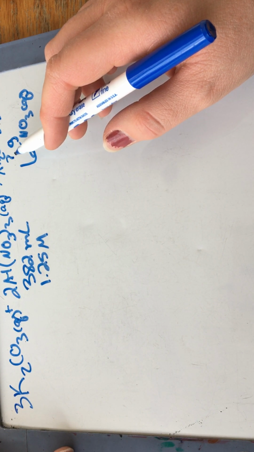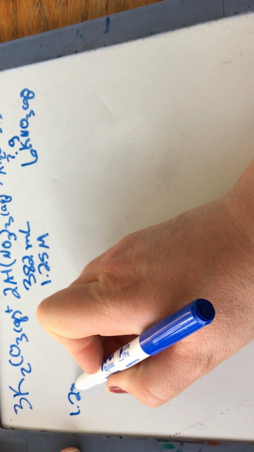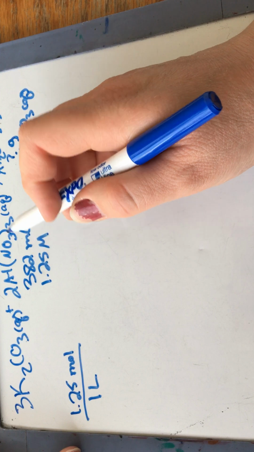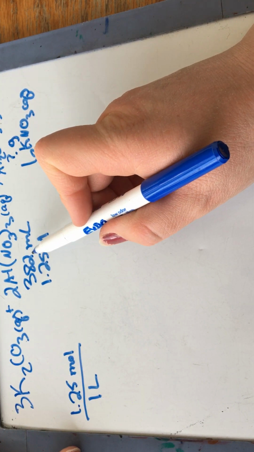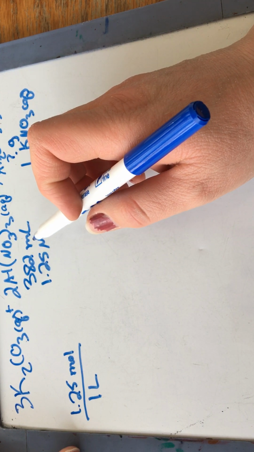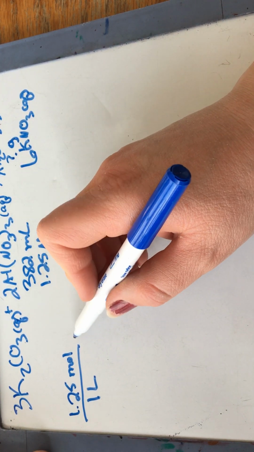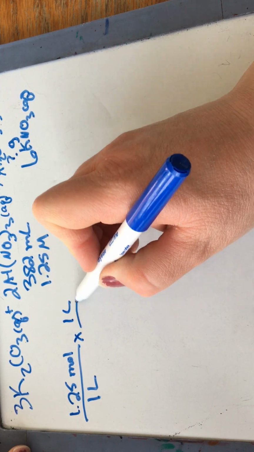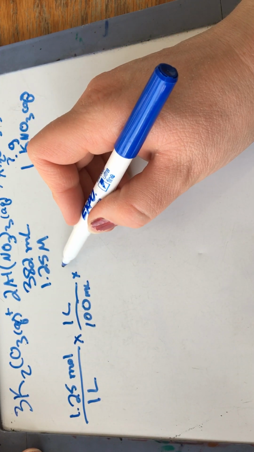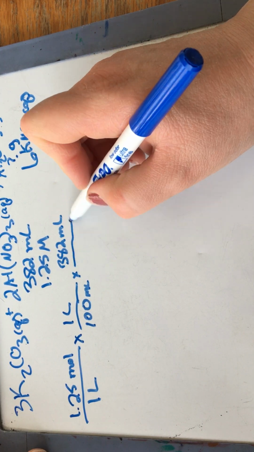So let's find, so we know that 1.25 means mole over 1 liter. So we want to figure out how many moles are in this and then do some comparisons. So how many liters do we actually have? So 1 liter is to 1,000 milliliters, and we have 382 milliliters in this solution.